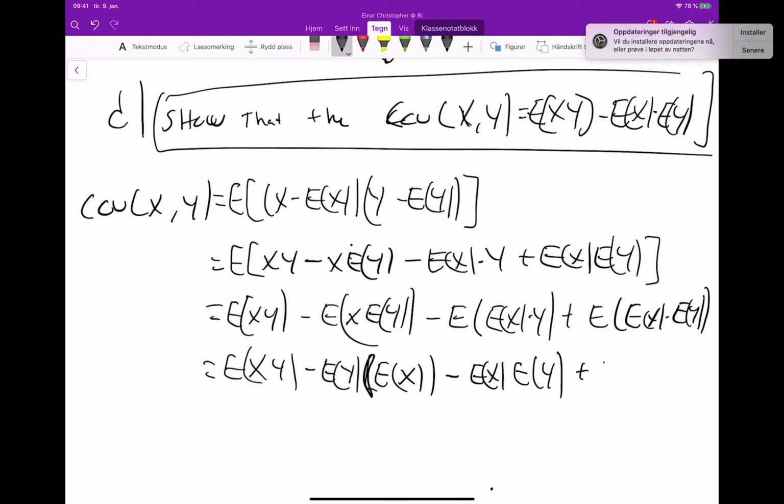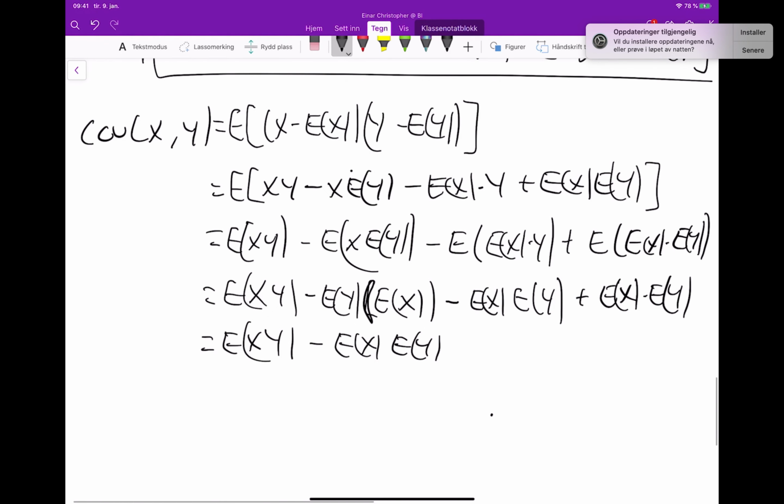So I get this as expectation of x times expectation of y. And then I get expectation of xy, and then minus expectation of y, expectation of x, minus 2 of them, plus 1 is minus expectation of x times expectation of y. And we got what we were asked to show.